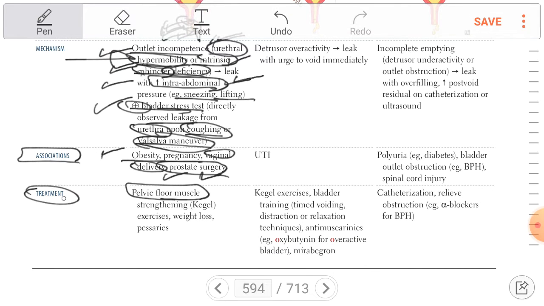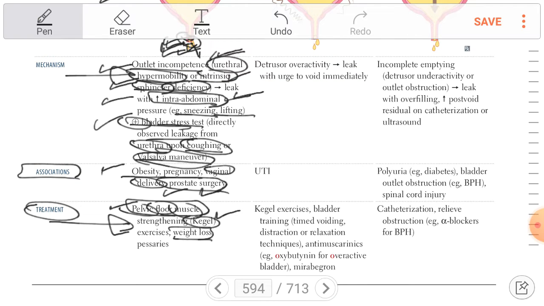Then the treatment will be what? Pelvic floor muscle strengthening by what? Kegel exercise. This is so important. So Kegel exercise to strengthen the pelvic floor muscle, plus what? Weight loss to decrease the abdominal pressure, plus pessaries.